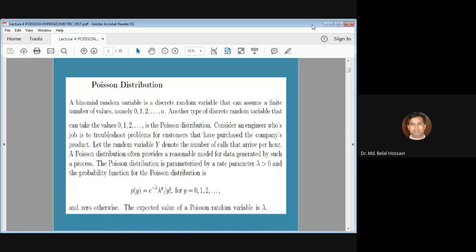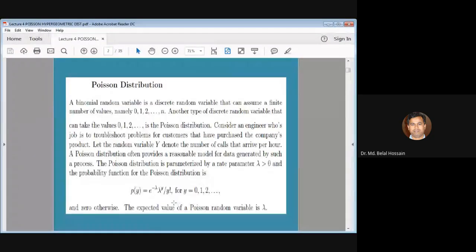Everyone take paper and pen. Write the probability function of the Poisson distribution, e to the power minus lambda, lambda to the power y by factorial y.